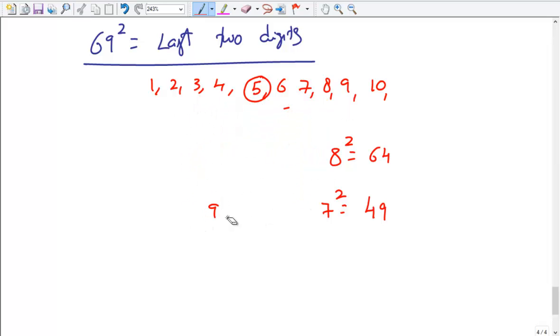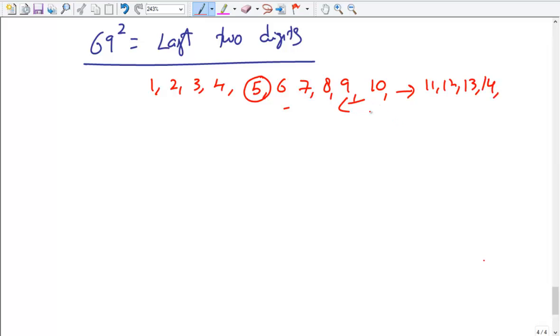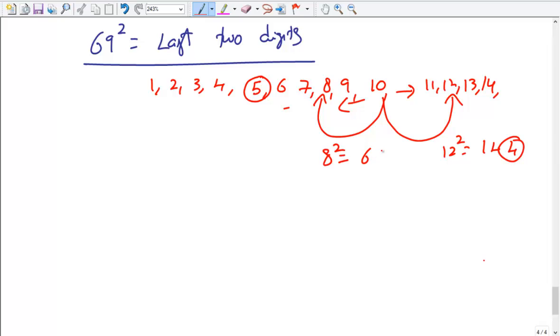You can take some other root, that is 10. Now on the positive side of 10, that is going to be 11, 12, 13, 14 and so on. The decreasing side, I can set as negative. So from 10 to, let's say, 12, 12 square is 144, the unit digit is 4. Now the deviation on the other side, that's going to be 8 square, that's going to end with 4.